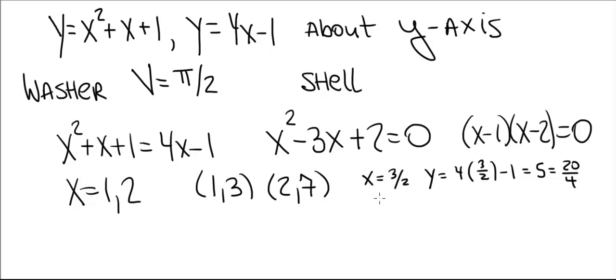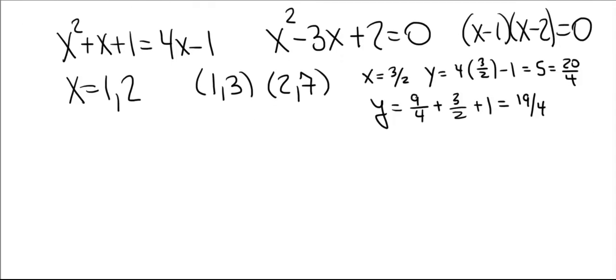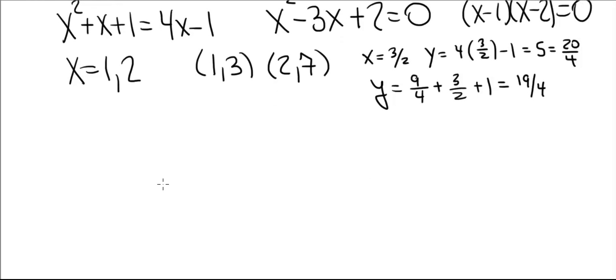And then we plug this same 3/2 into the parabola. We get 9 over 4 plus 3 over 2 plus 1. That's 19 over 4. So 20 over 4 is larger than 19 over 4. It means the line lies above the parabola on this interval.